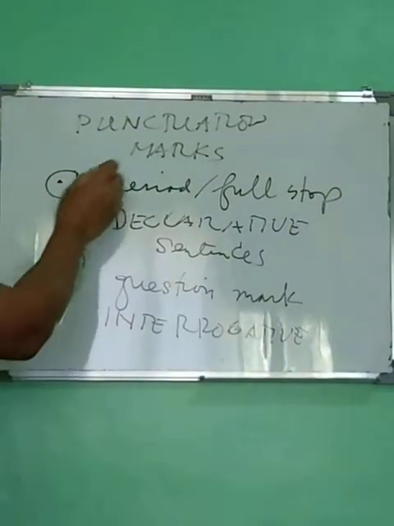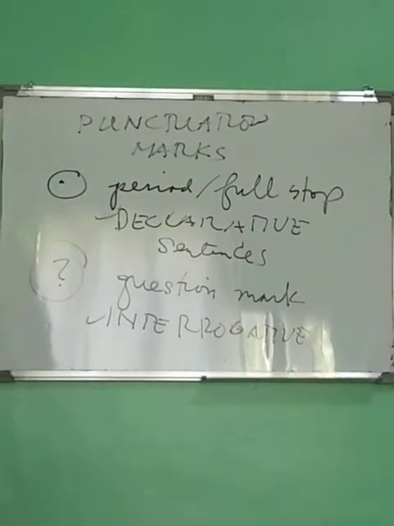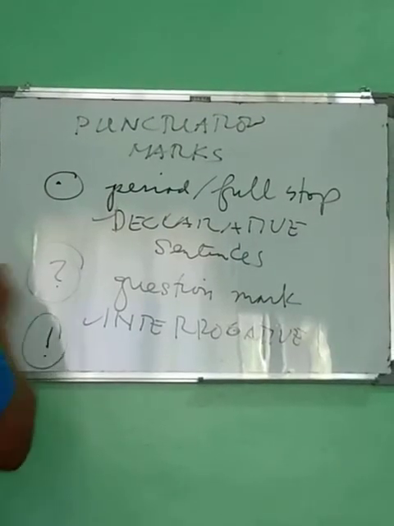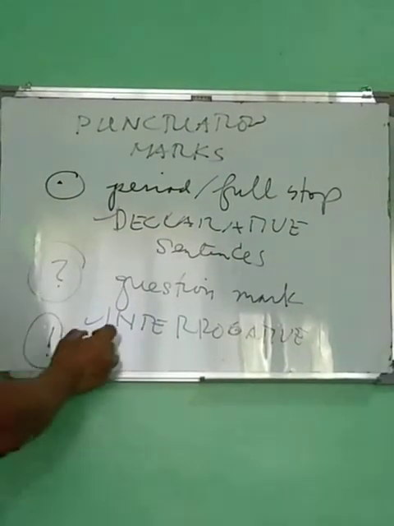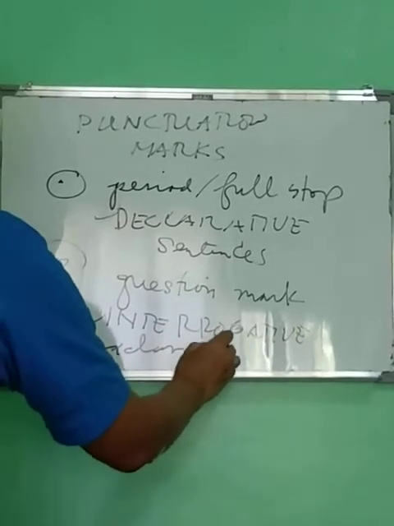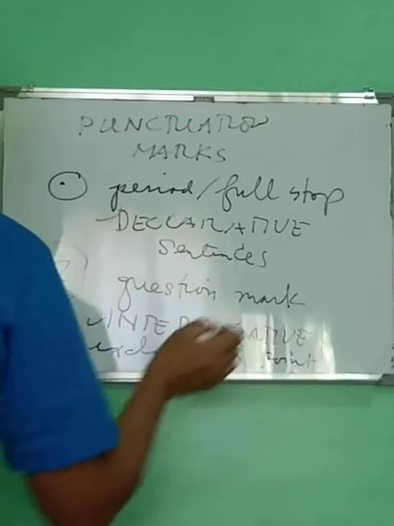So we have declarative sentences for the period, and interrogative sentences for the question mark. How about this? What do we call this? By way of a review, we call this the exclamation point. And when do we use the exclamation point?